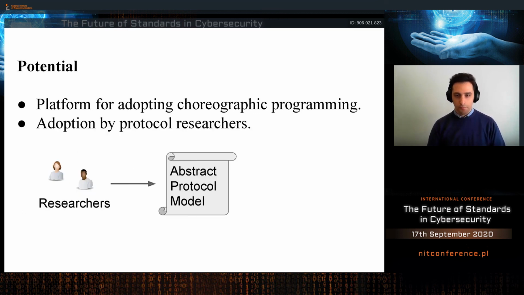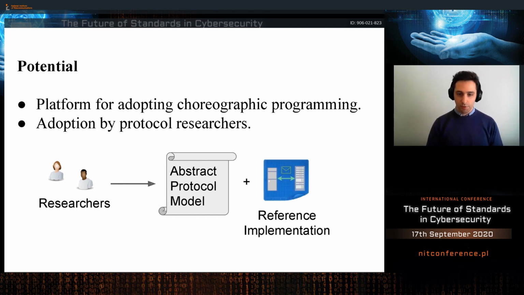Another big potential for adoption is by researchers doing research on protocols, because so far there have been many abstract protocol models you can reason about protocols with. Choral is yet another one, but what you get with Choral is a reference implementation, which means you can run your protocol, you can already do tests, and you can be very specific about the computation steps that are required in the protocol.